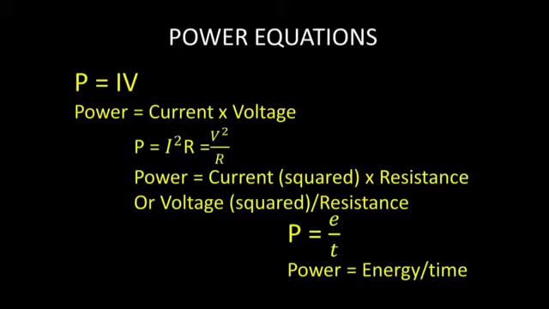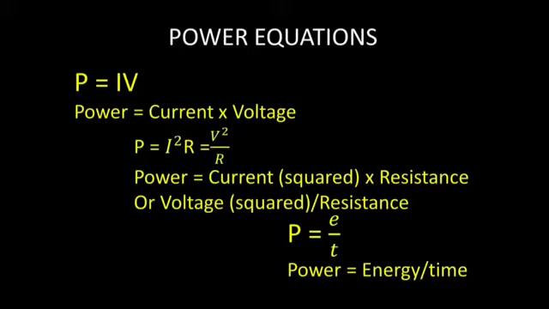If you put power equals current squared times R, or I squared times R, resistance, that basically derives from the fact that voltage equals IR, or current times resistance.